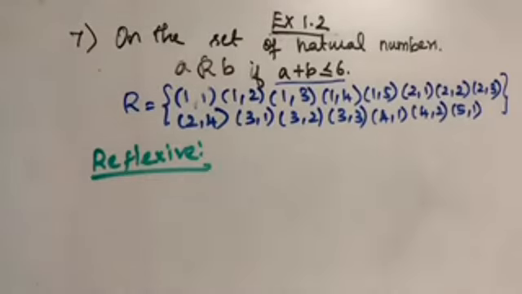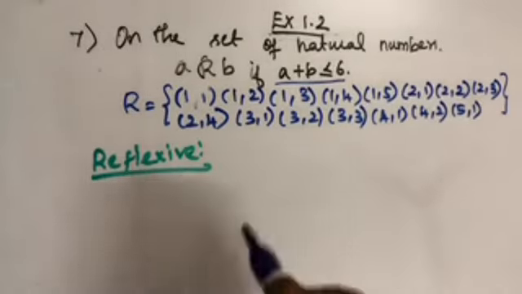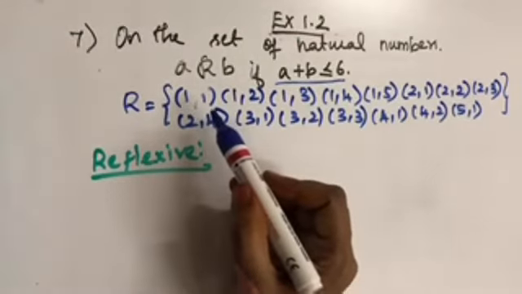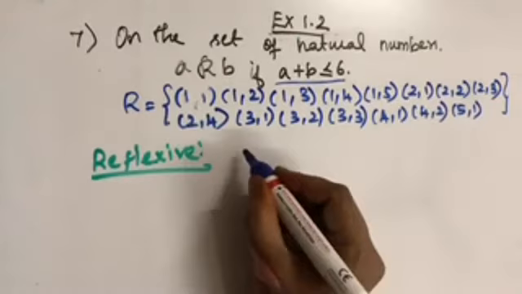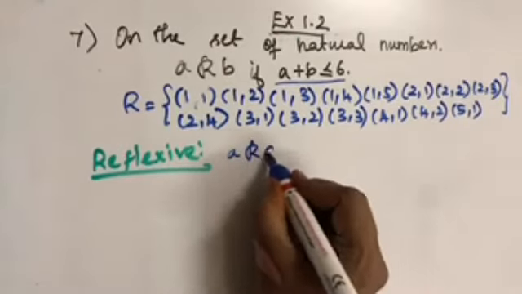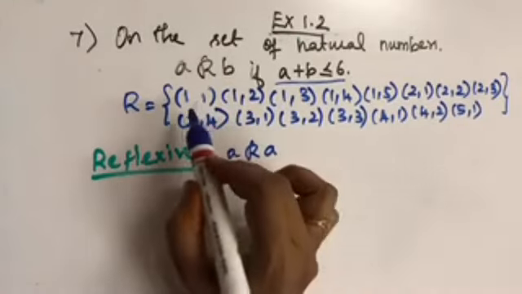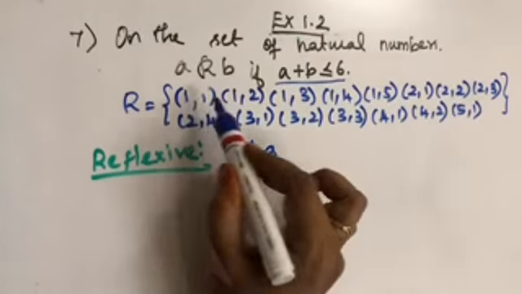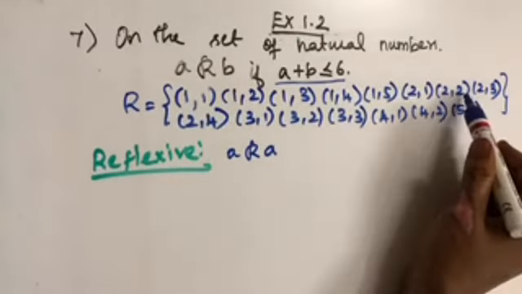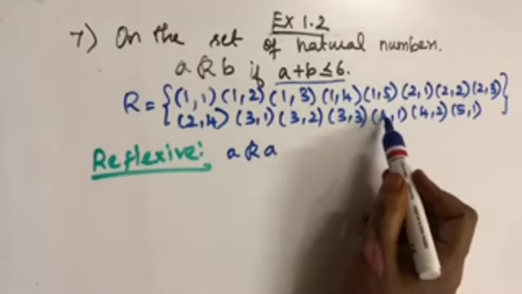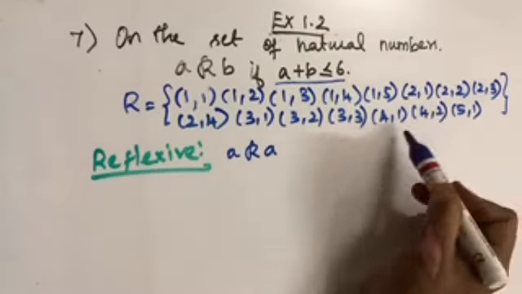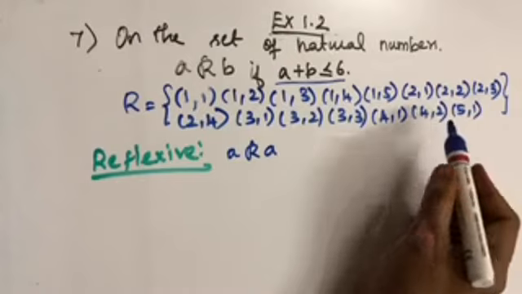Shall we check? Reflexive relation means the numbers should be related to itself. Okay, if A is related to A. So here 1 comma 1 is there, 2 comma 2 is there, 3 comma 3 is also there, but when I take this 4, 4 comma 4 is not here.